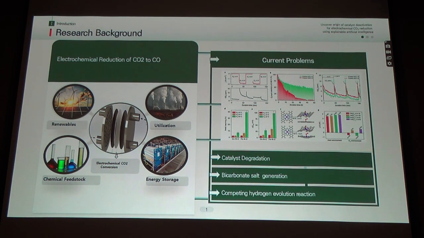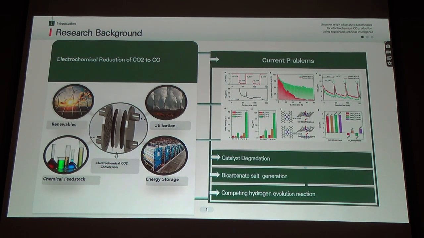So on the top, we have the utilization. I think the picture is taken from cement production. During cement production, a huge amount of CO2 is released into the atmosphere. So by using CO2 capture and utilization, I mean, in there we have the electrochemical system.